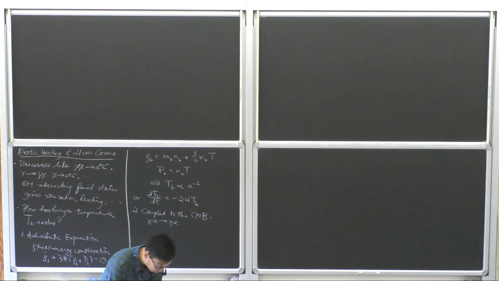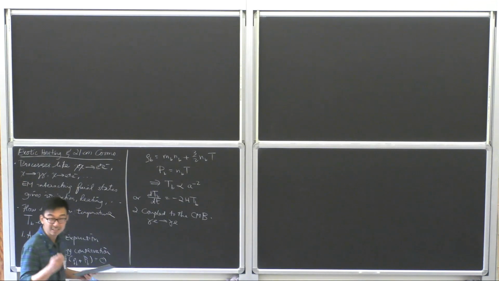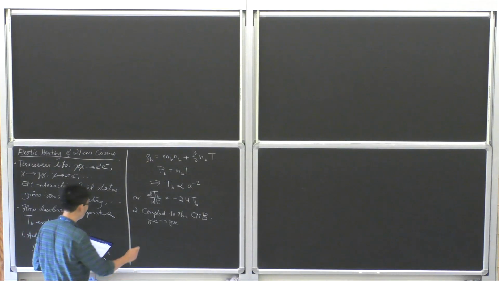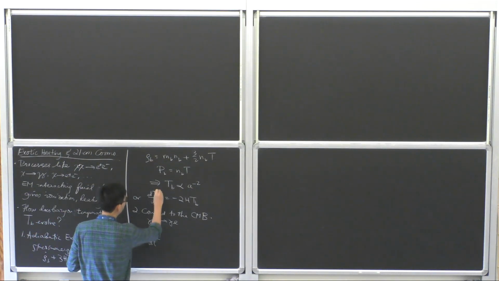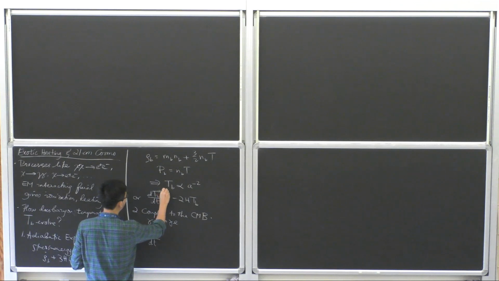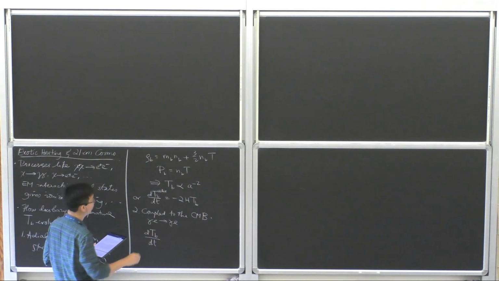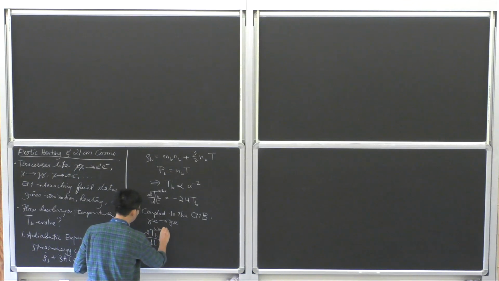I'm not going to write down the full derivation of this term, but let's just look at it and see if it makes sense. So for this term, it would be dT_b/dt. Let me put adiabatic expansion here so that you know that it's just the adiabatic contribution, and then here is the Compton contribution.